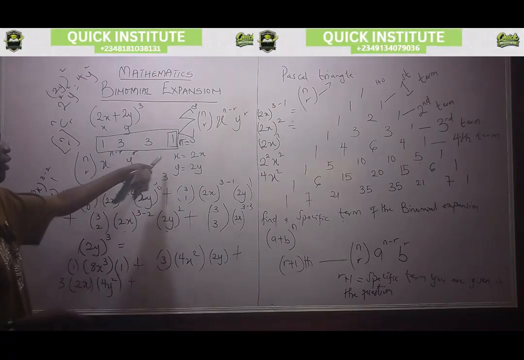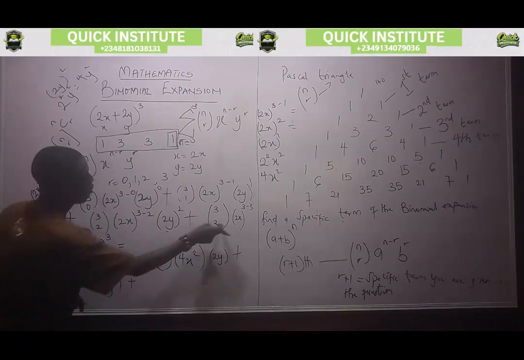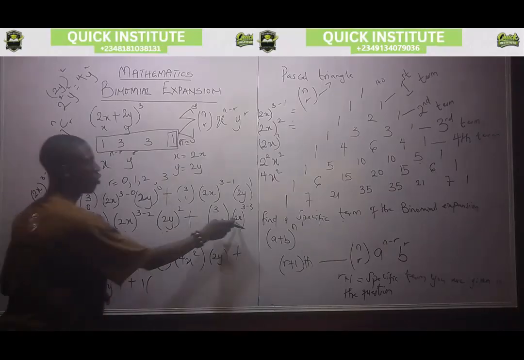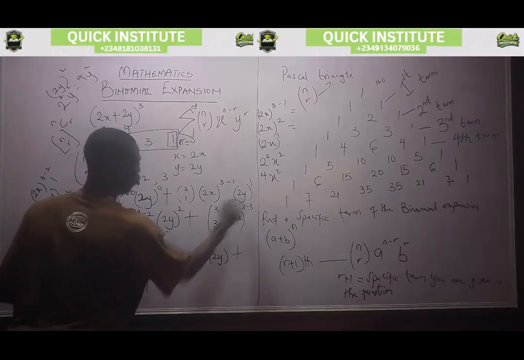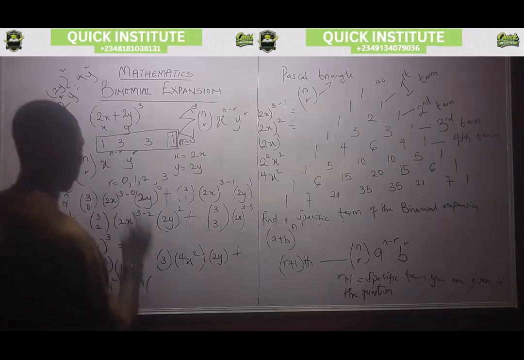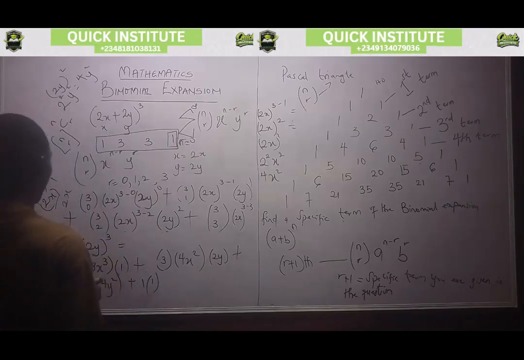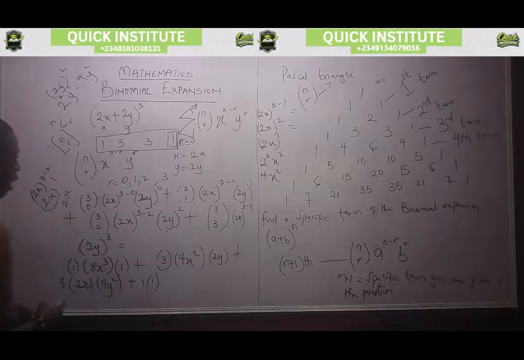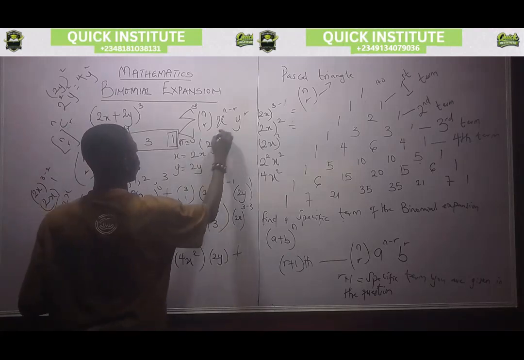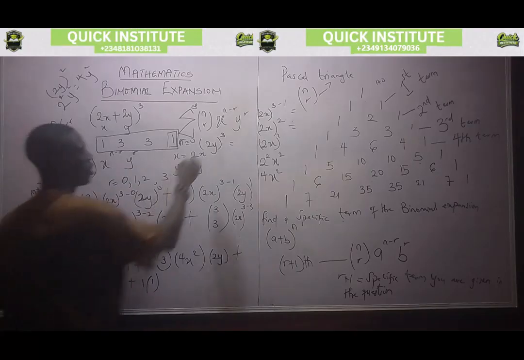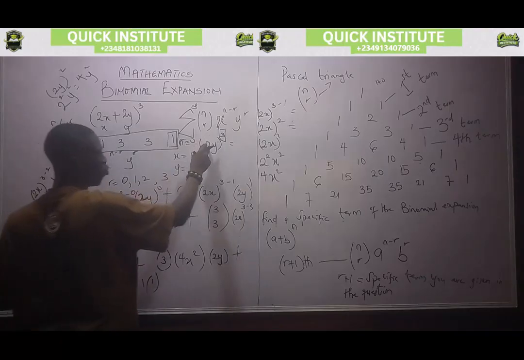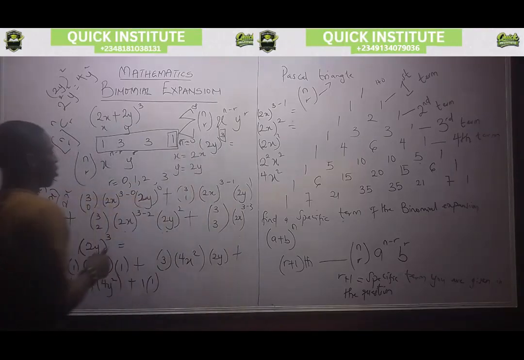So now you have 3 combination 3, which is 1. And 2 raised to 3 minus 3 is 2 to the power 0. 3 minus 3 is 0, and anything raised to 0 is 1. So we have 1. So 2y raised to 3. I told you earlier, this power is distributed to everything in the bracket.